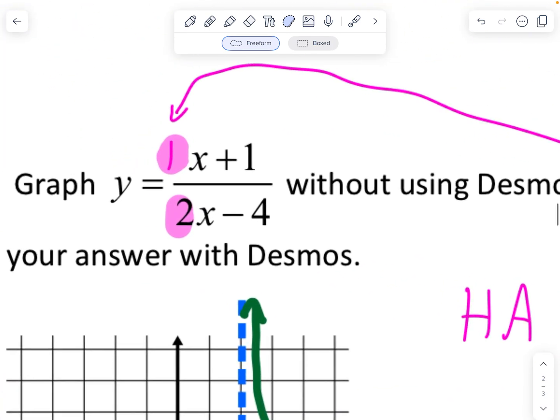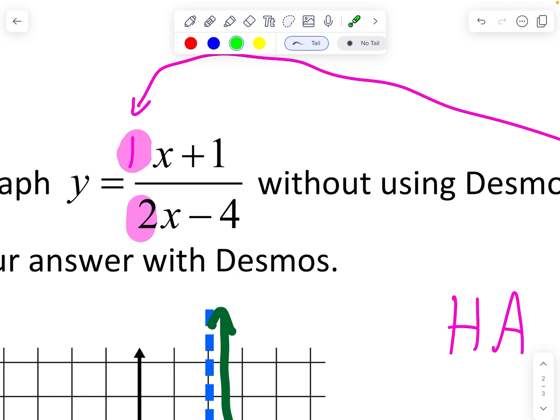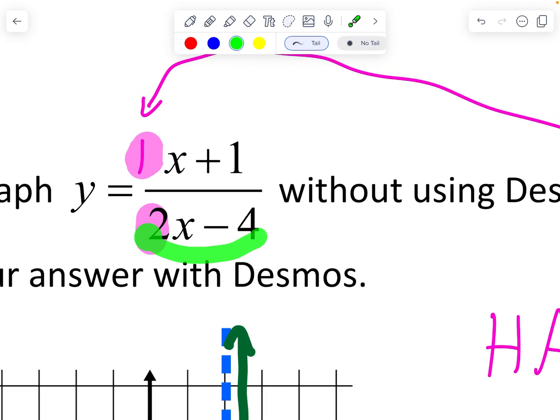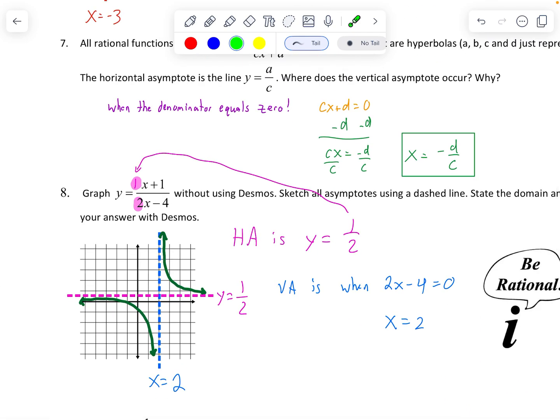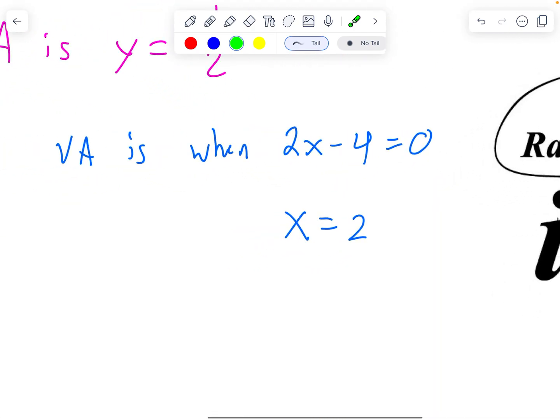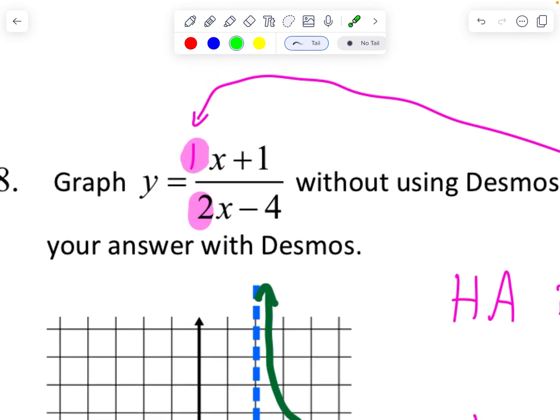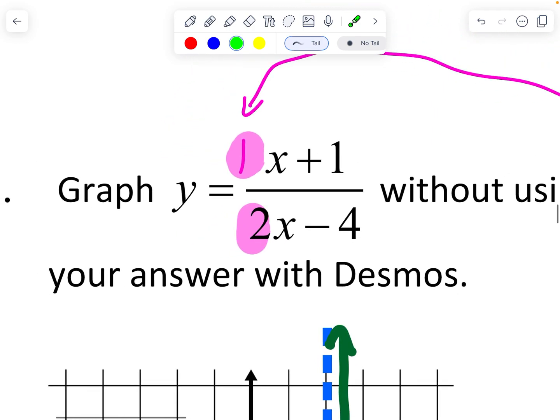So coming down here, we built our vertical asymptote. So we're going to graph this one. Our vertical asymptote comes from the bottom equaling 0. So set this equal to 0 and solve. You get x equals 2, which I showed right here. Remember, x equals 2 is what makes the bottom 0. So x is not allowed to be that number. And then for the horizontal asymptote, we Bill Gates it.